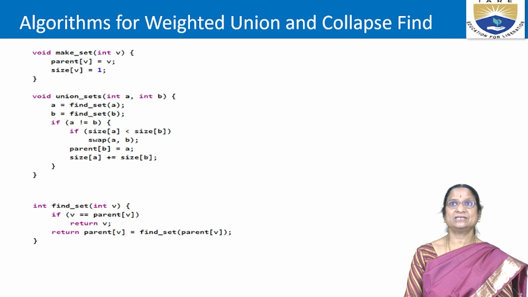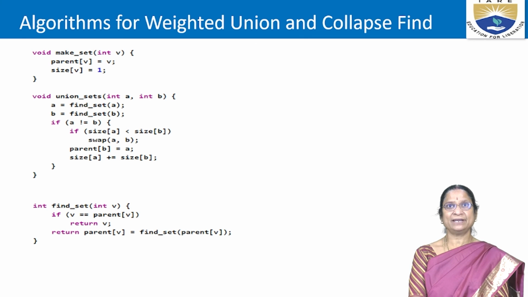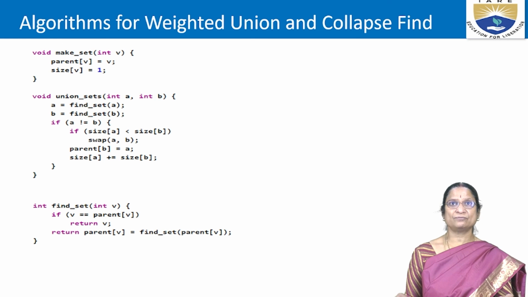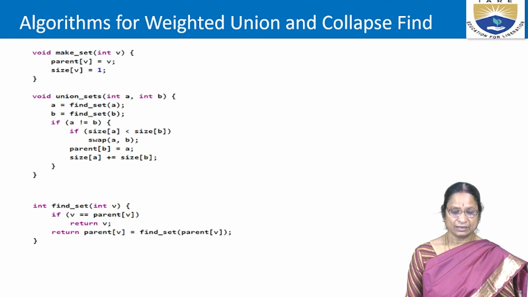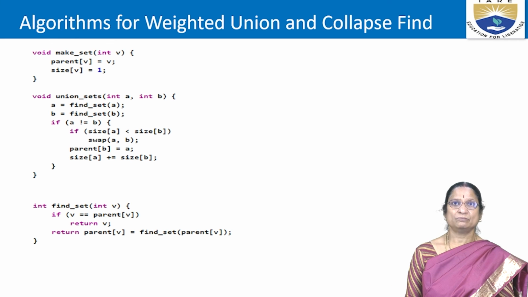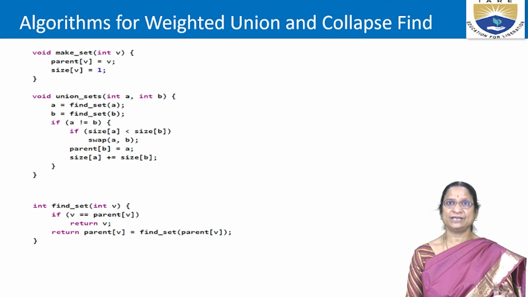But by using the weighted and collapse find rules, it will be improved. In make set, we have to update the parent as well as the size of v, that is, how many elements are there in that particular rooted tree. So the size of v is 1. Coming to the union of the sets, we find the parent of A and parent of B. If A and B are not equal roots or representatives, only then do we union them.